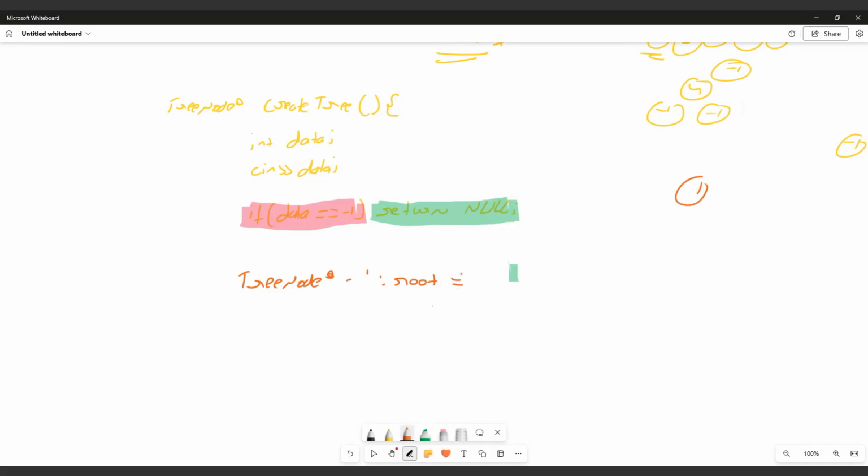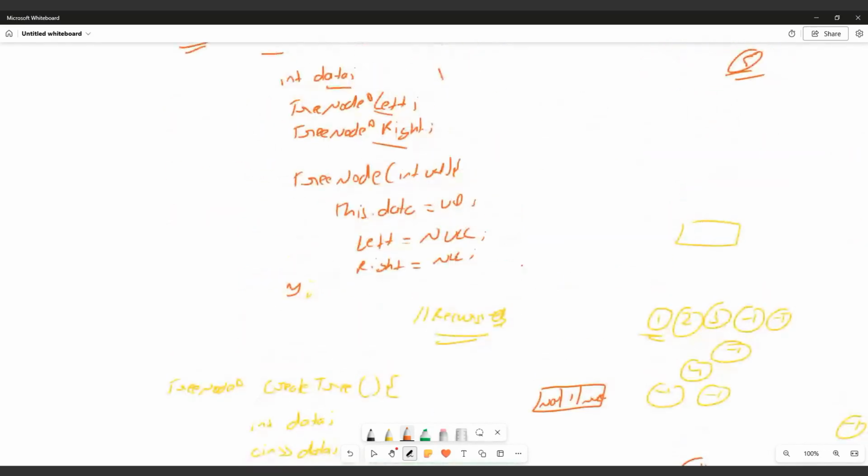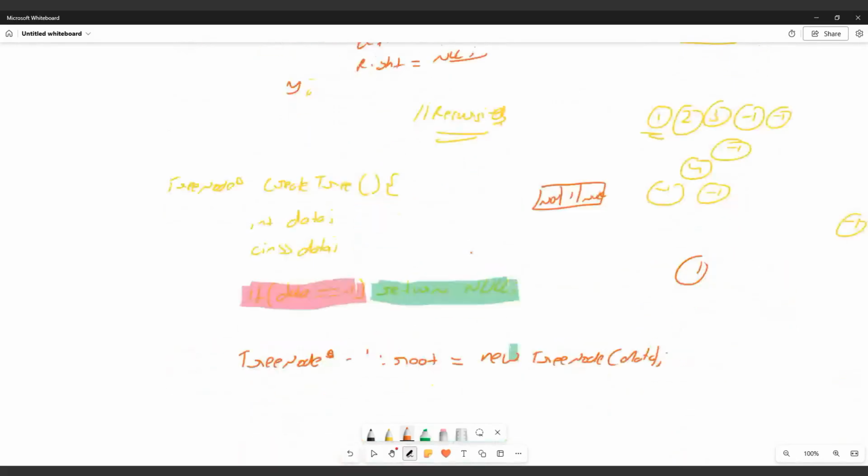TreeNode star root, and we know the drill, new TreeNode with the help of this data. So what we have done is created one node which has data, and its left is null initially and its right is null initially, because in our constructor it is null.